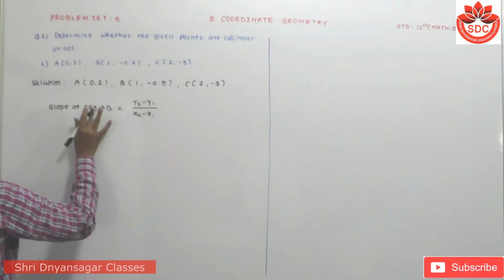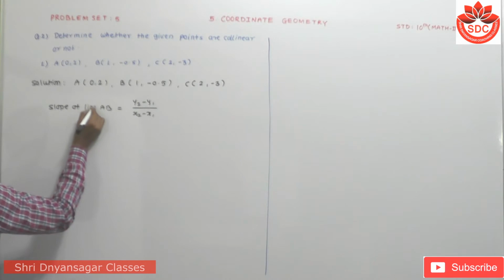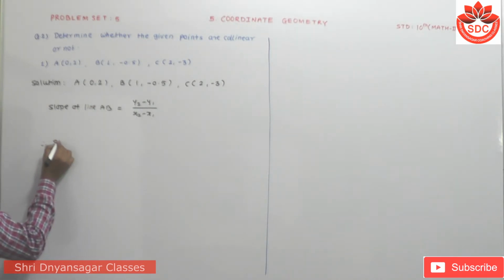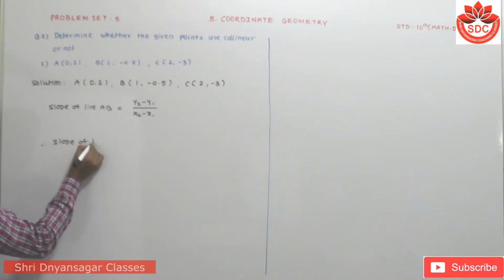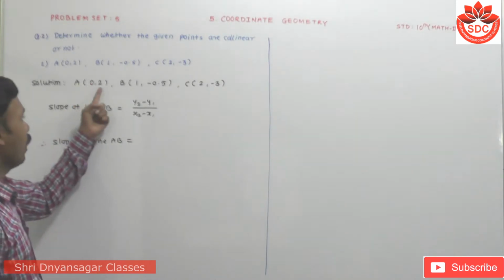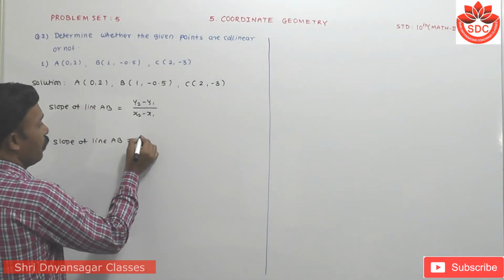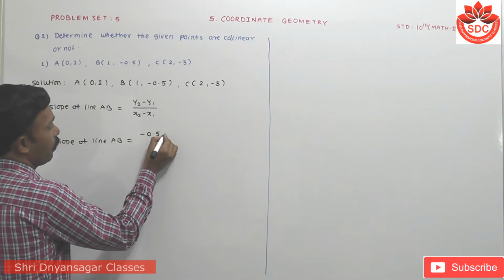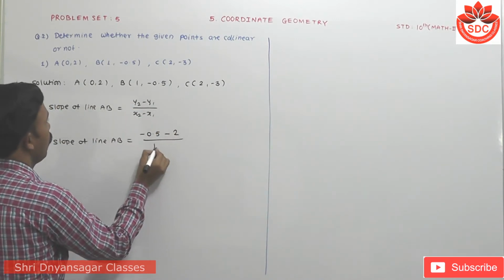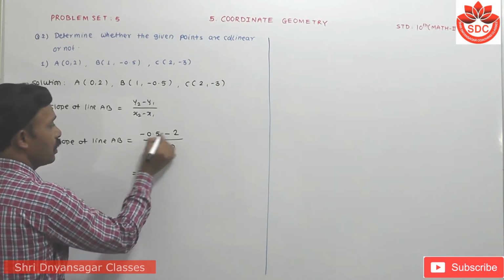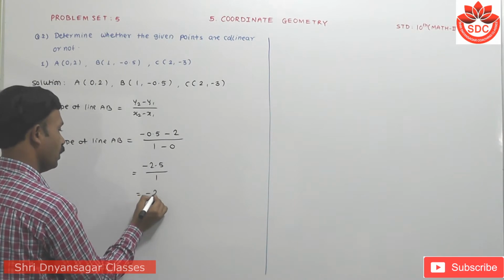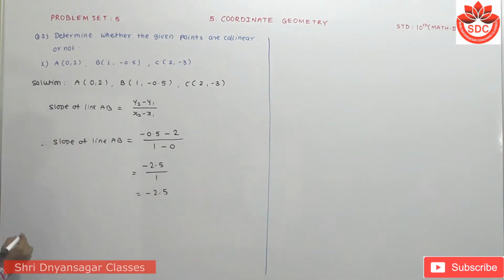Substituting, y2 is -0.5 minus 2, upon x2 which is 1 minus 0. This subtraction gives -2.5 upon 1, which means -2.5. This is the slope of line AB.